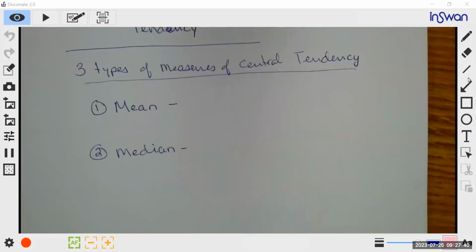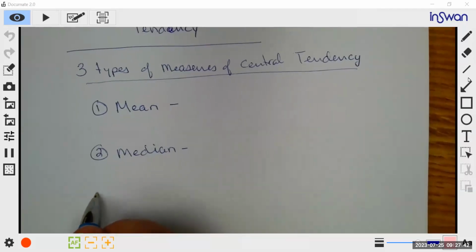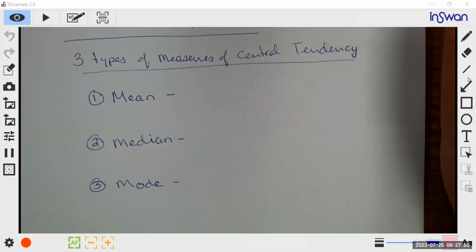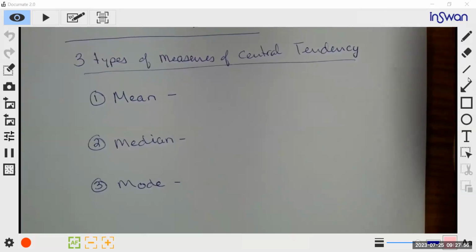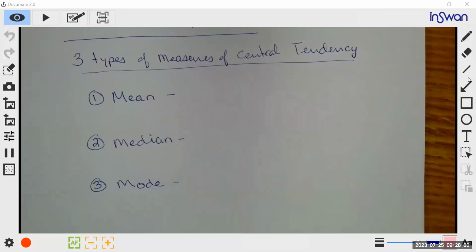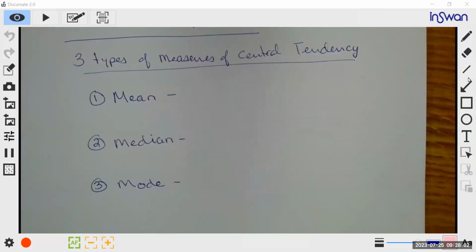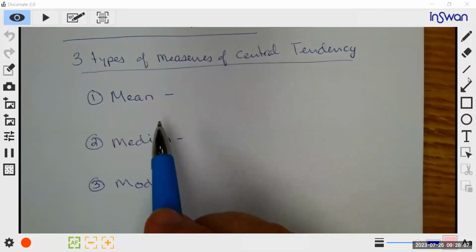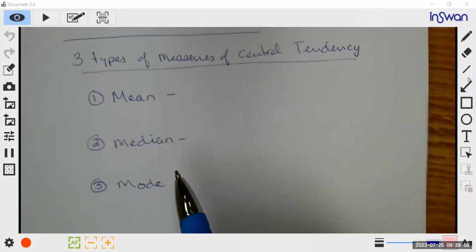The second one is called the median. Third one is called the mode. These are used to describe the pattern of the data. Because you've heard of mean before, haven't you? I hope. What does it mean? Average.